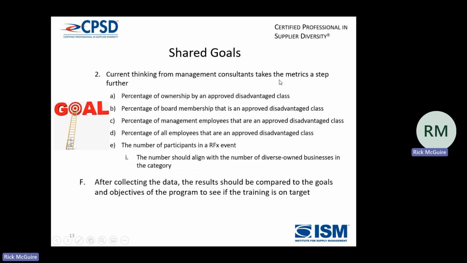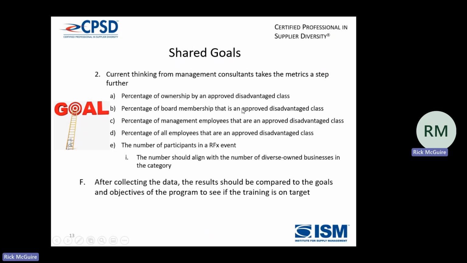Current thinking for management consultants takes the metrics a step further. Percentage of ownership by an approved disadvantaged class. Approved, in my mind, would be at the corporate level. You wrote down what is an approved diverse supplier. Percentage of board membership that is an approved disadvantaged class.